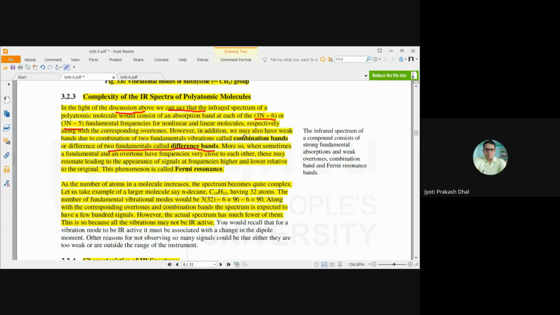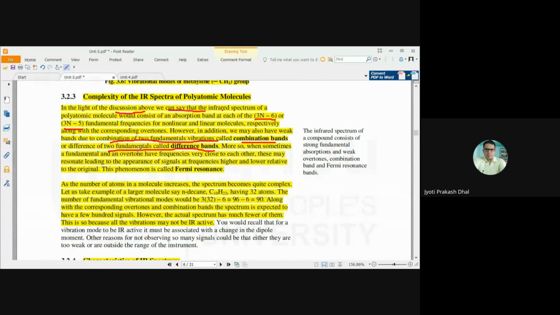A combination band arises due to the combination of two fundamental vibrations, and the difference of two fundamental vibrations may also give rise to another band, that is called a difference band.